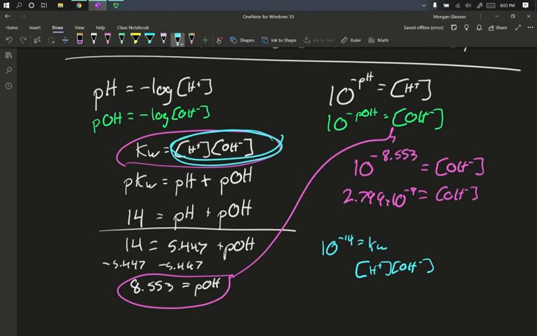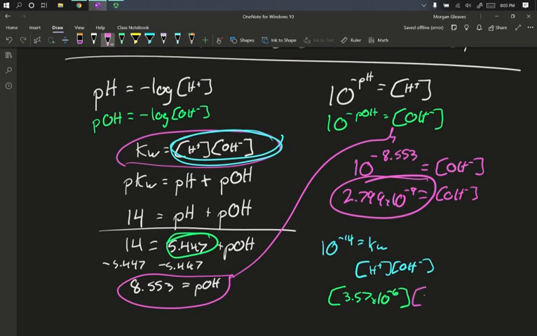Because they are in water and in equilibrium, if one is changed, the other must adjust to balance it back out to the equilibrium constant. With the values we've been using, we said that our H plus was 3.57 times 10 to the minus 6. We used that to find our pH, then we used that to find our pOH, and used that to find our OH minus concentration.